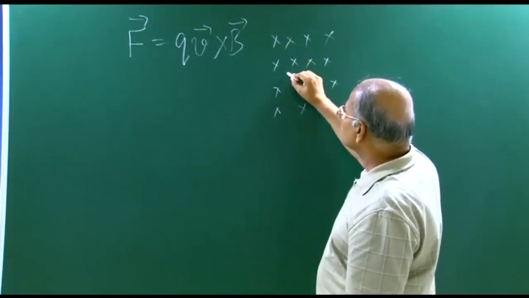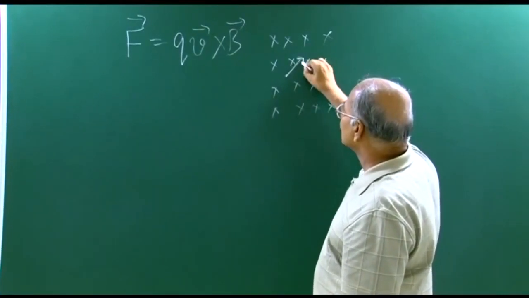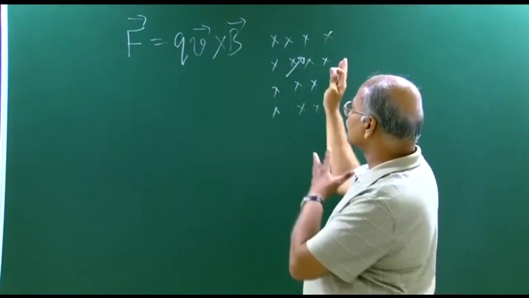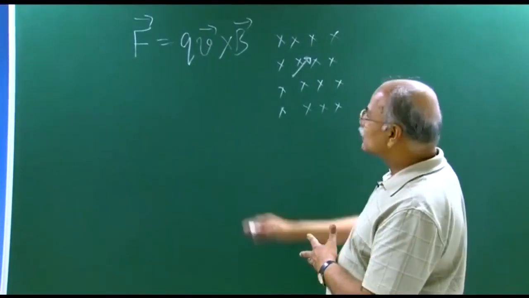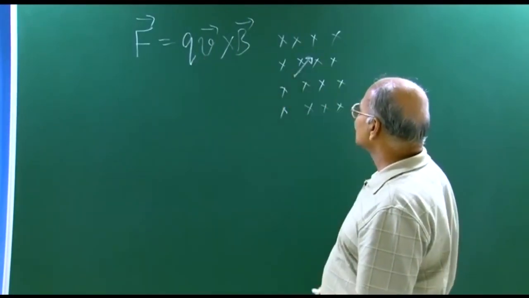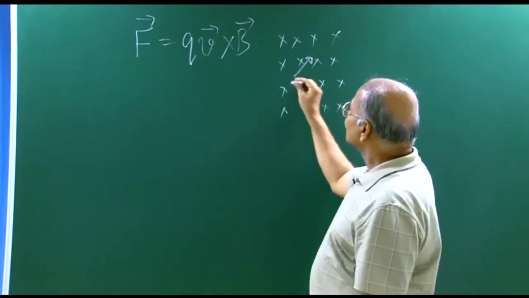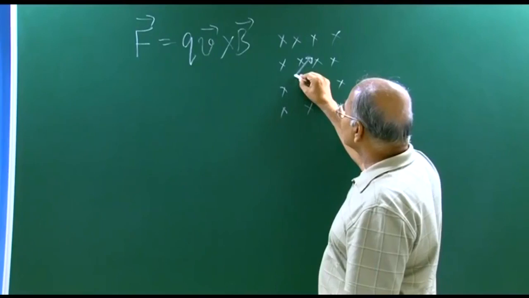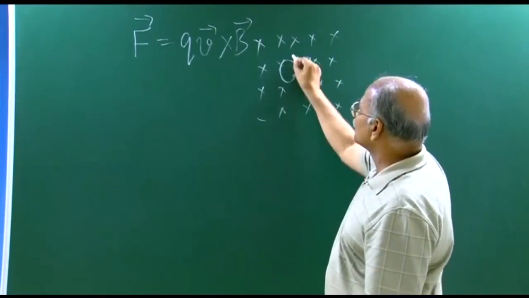And then if you have some charged particle which is projected with some velocity in this uniform magnetic field, then the force acts on the particle, V cross B. So here is velocity and B is inside, so force will be in this direction. So it goes in a circular path.